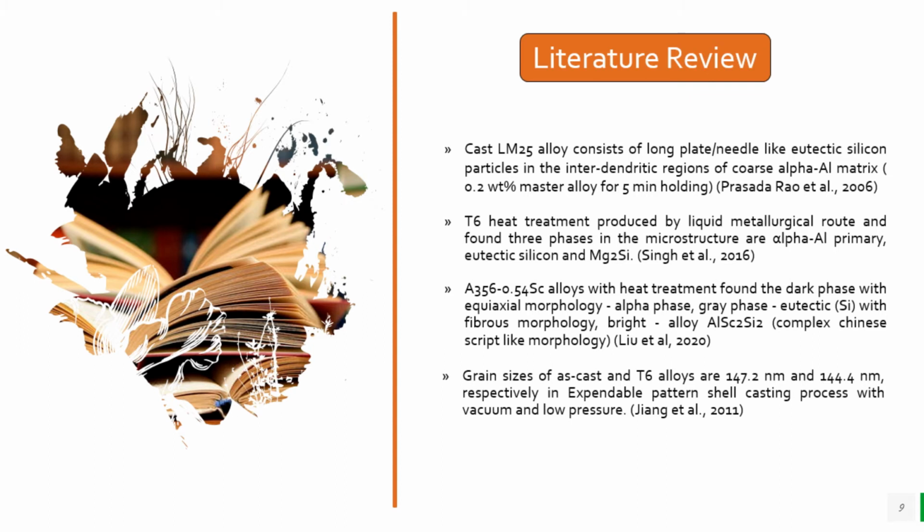Lastly, from Jiang et al., they found that the grain size of the cast and T6 alloy are 147.2 micrometers and 144.4 micrometers respectively in the expendable pattern casting process with vacuum and low pressure.